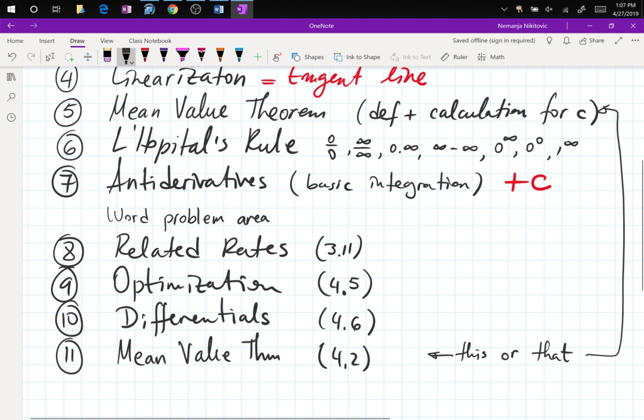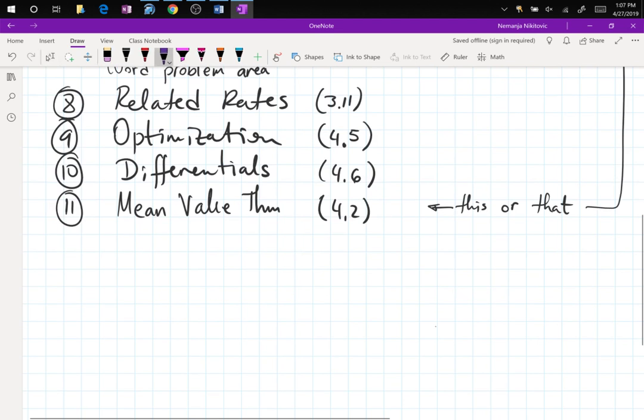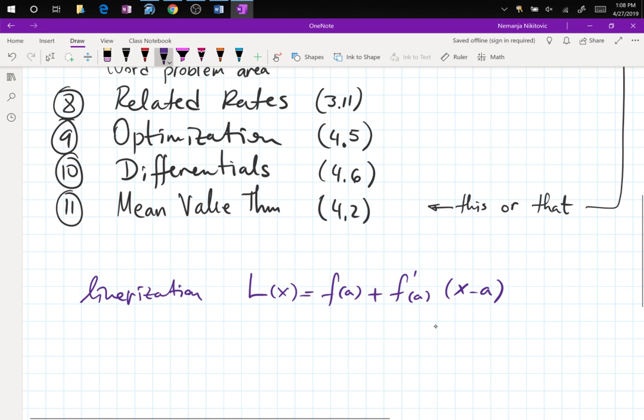Linearization will be learned again in Calc 2 in a more powerful way, but for linearization you can either use the tangent line or you can use the linearization formula. If you remember the linearization formula at all, it was L of x equals f of a plus f prime of a times x minus a, right?